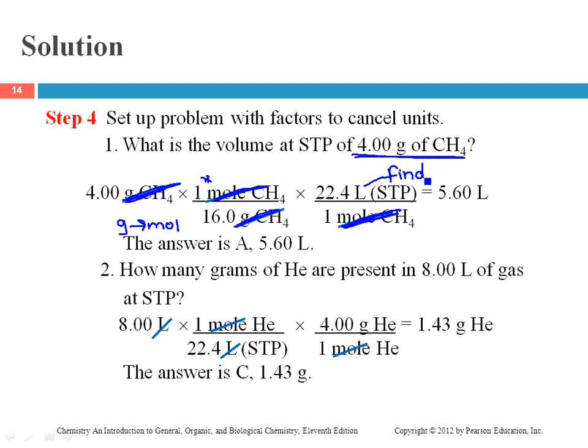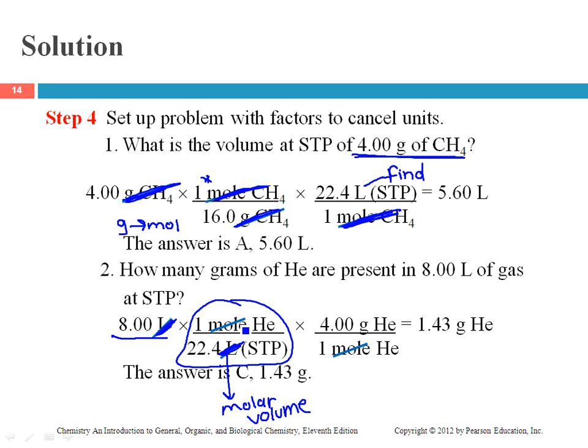The second problem is different only in that we start with liters. And so we can use our liters, always write out what you know first, so 8.00 liters. And then the only common relationship we have is to go ahead and use our molar volume. Okay, so our liters will cancel.